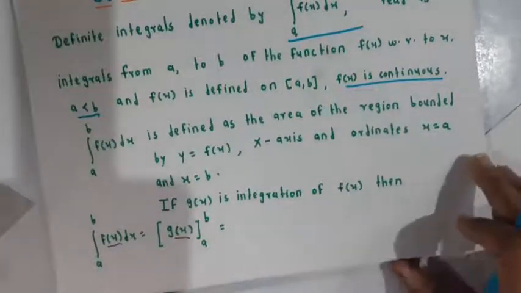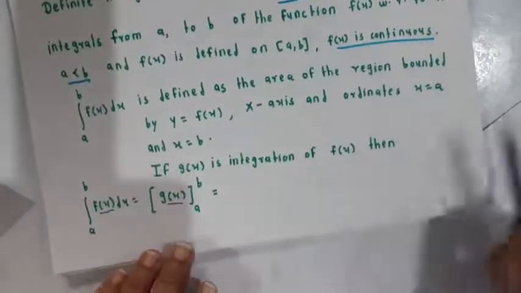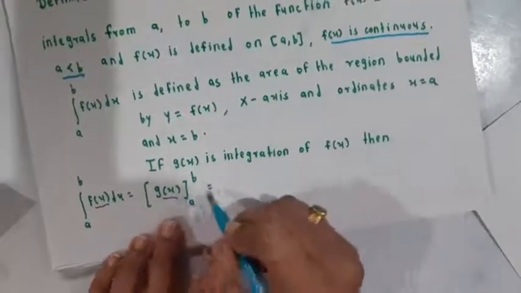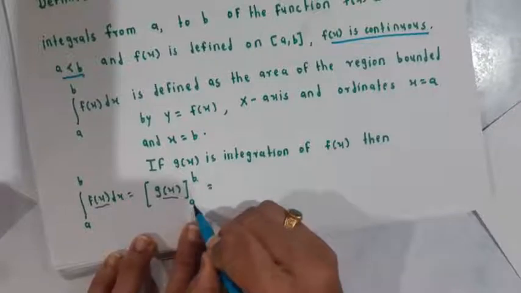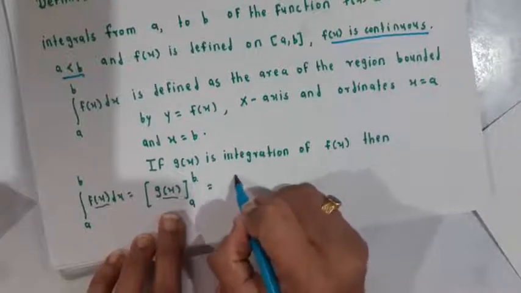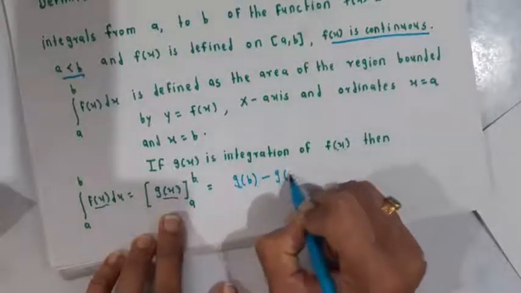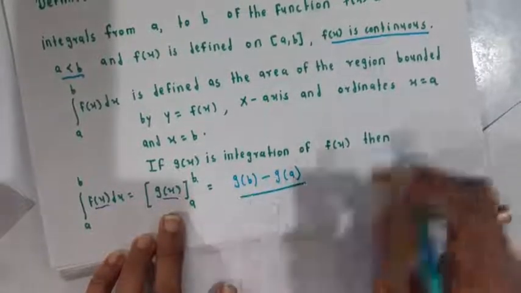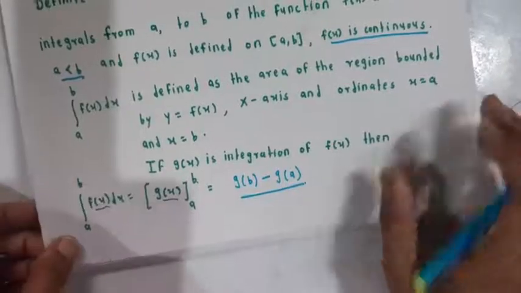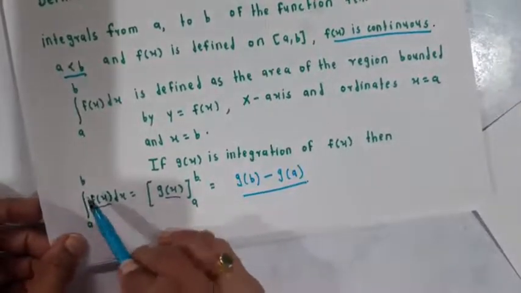To solve this, we subtract the lower limit from the upper limit. The upper limit is b and the lower limit is a, so we calculate g of b minus g of a, and this is the definite integral of the function f of x from a to b.